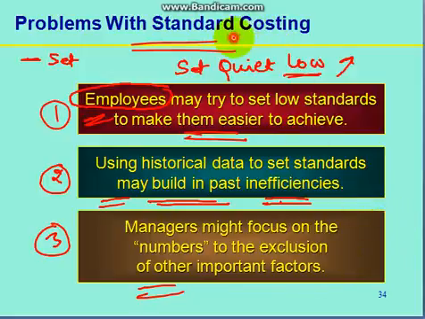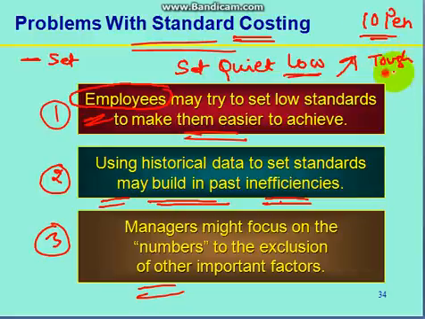When the standard costing procedure is used and they decide that the production of a pen, for example, must be at 10 rupees per unit, it becomes really tough for the managers to meet that standard, and they don't see what to do.